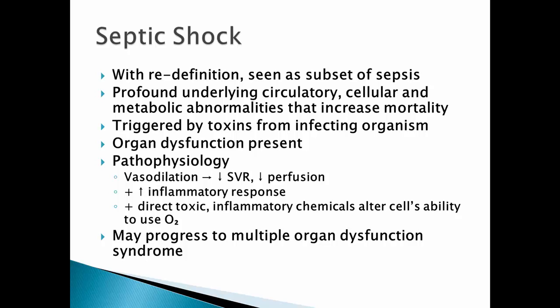What we're really looking for is persistent hypotension despite adequate volume resuscitation. Again, this is someone who has sepsis, and despite volume resuscitation, they continue to be hypotensive. This is an individual that has septic shock.